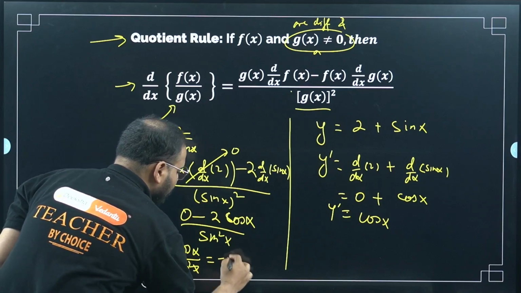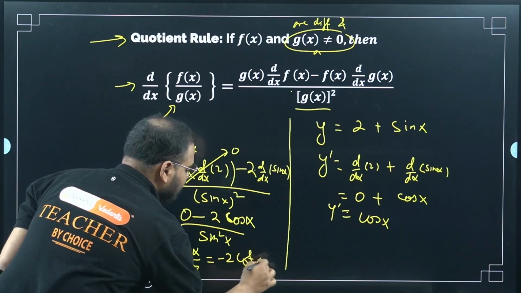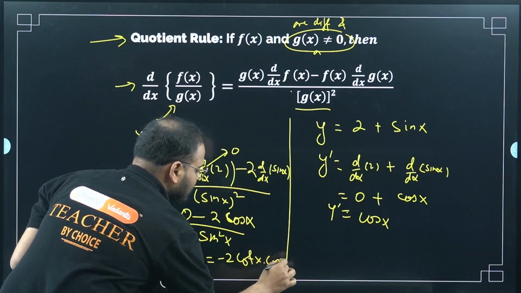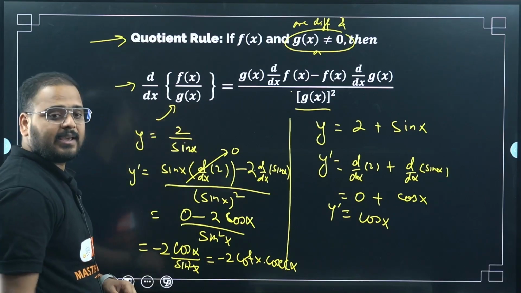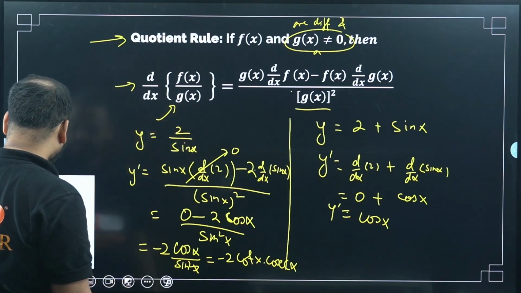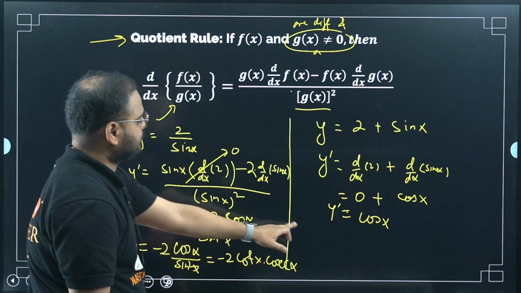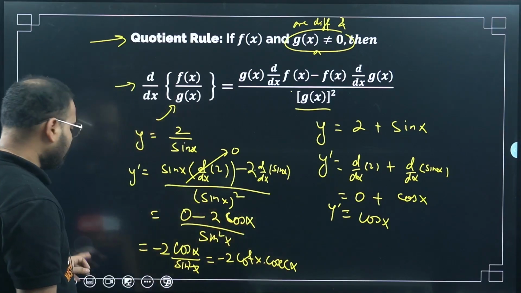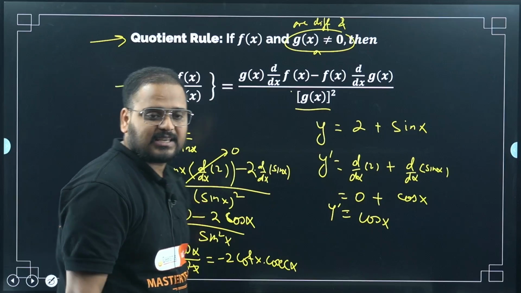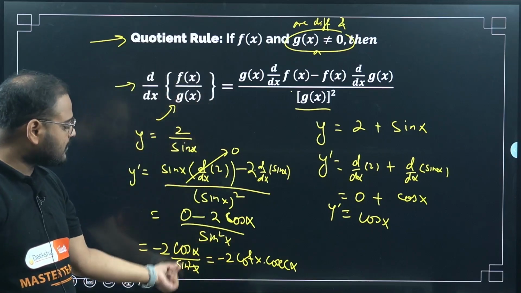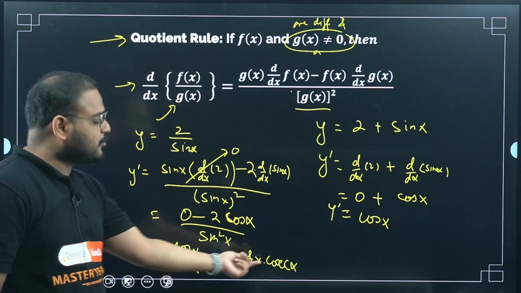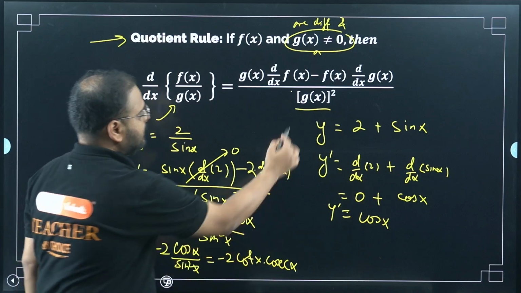Simply it is minus 2 cot x times cosec x. Why, sir? Because one sin will become cos by sin, so cot, and another will be 1 by sin, so cosec x. I hope this is clear.